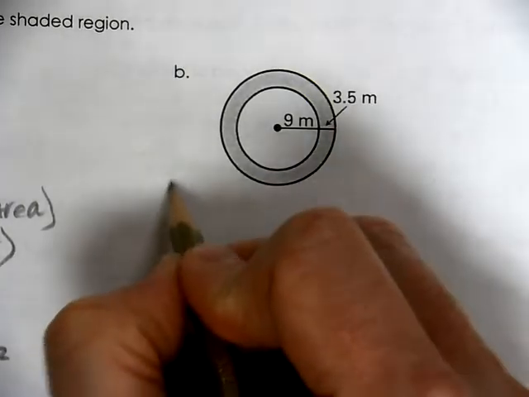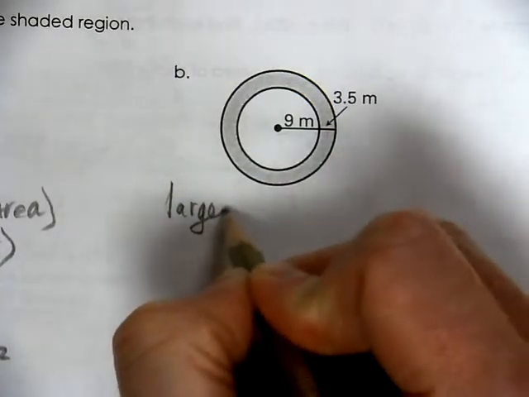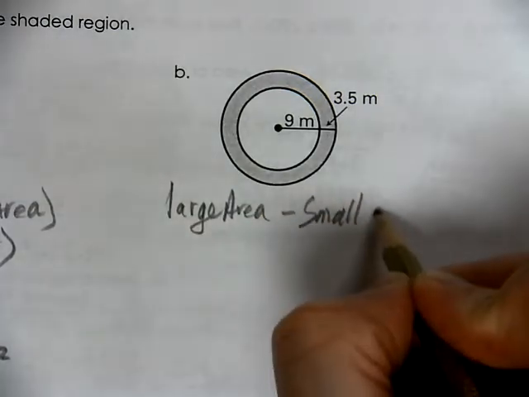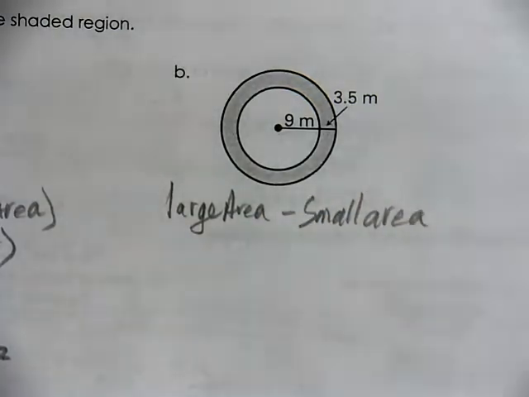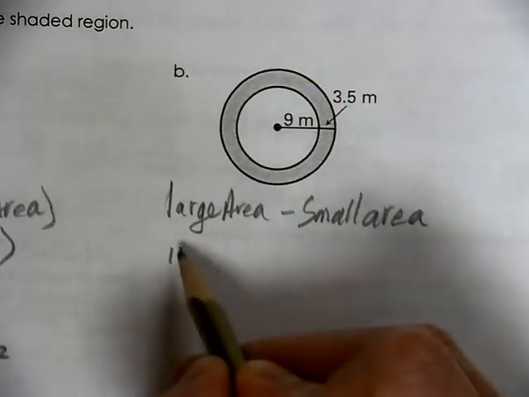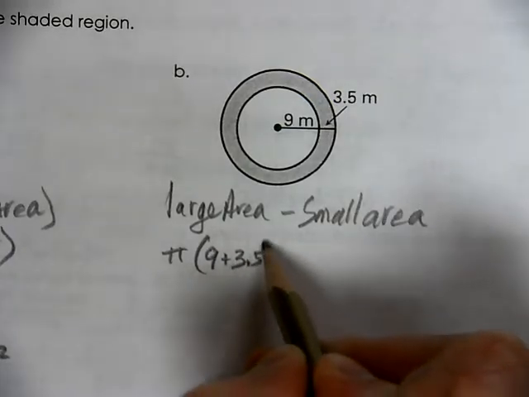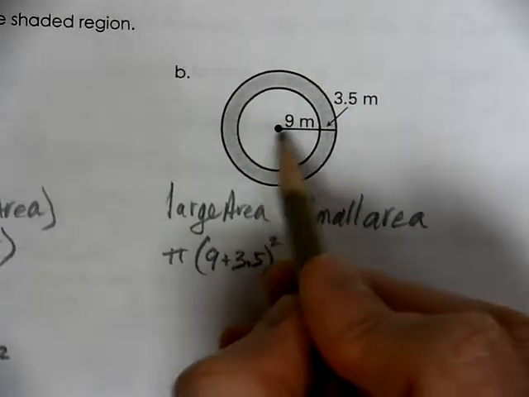So we're going to say large area minus small area. And we're referring to the circle. So the large area is pi times 9 plus 3.5, and we're going to square that radius.